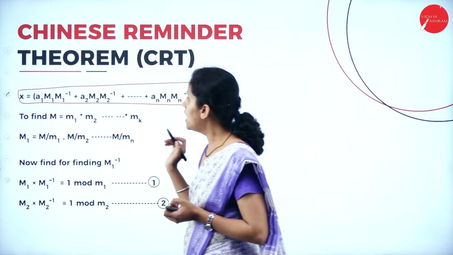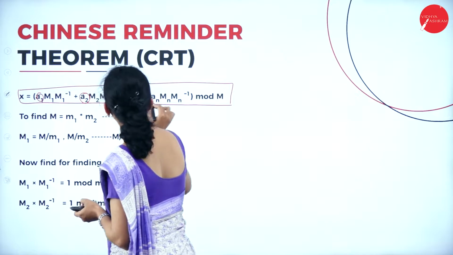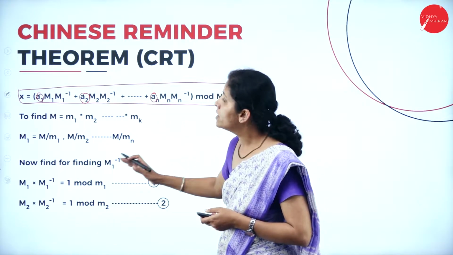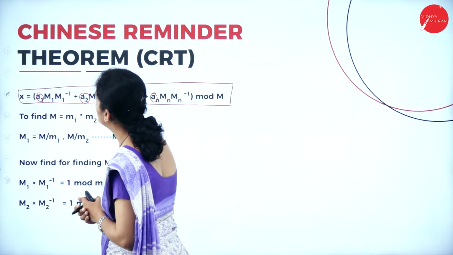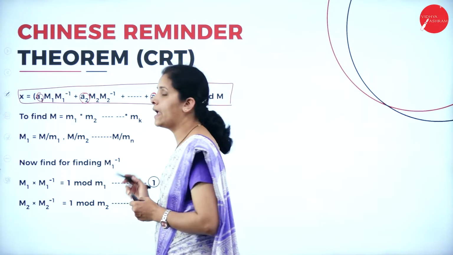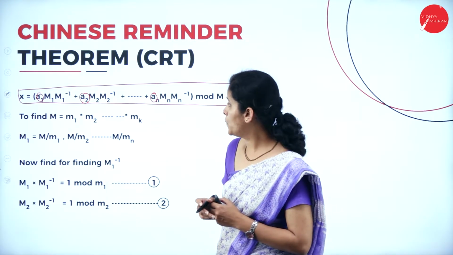Okay, fine. Now see here, this A1, A2, A3, from where am I going to get them? From the previous slide. From the equation, I'm going to get A1, A2 and An. These are nothing but the different congruence equations.